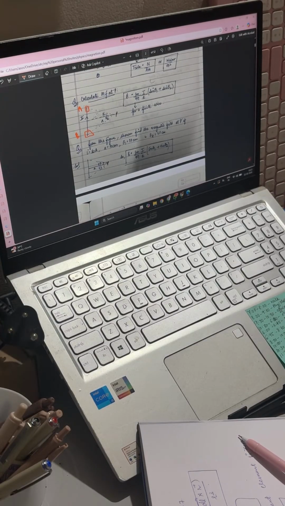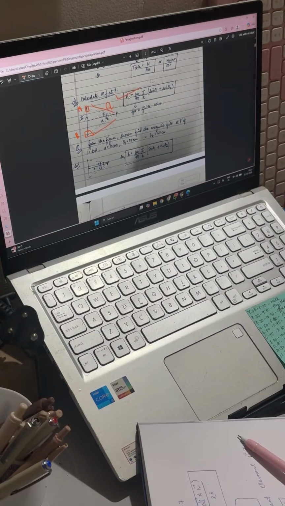The distance between both the wire is A, from this to this and from this to this. Then for the formula for magnetic field, you get two different angles now. This is theta 1 and this is theta 2.